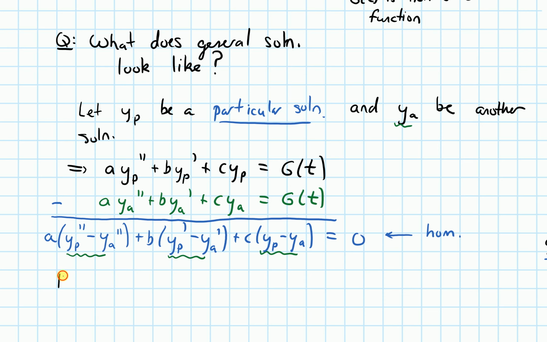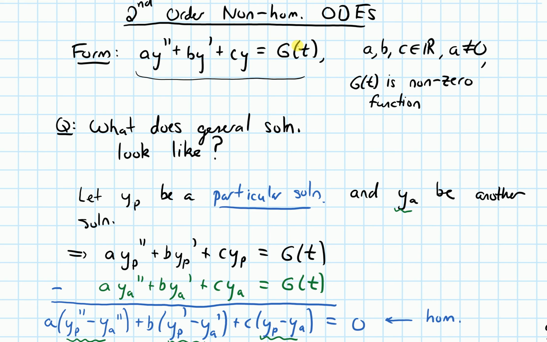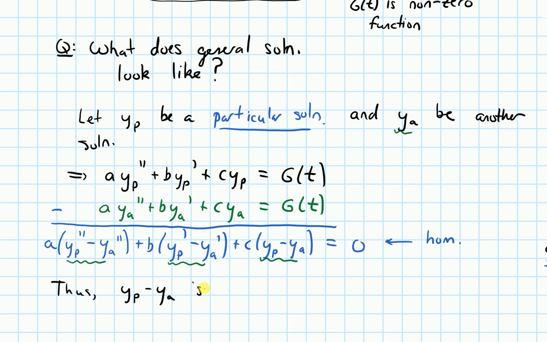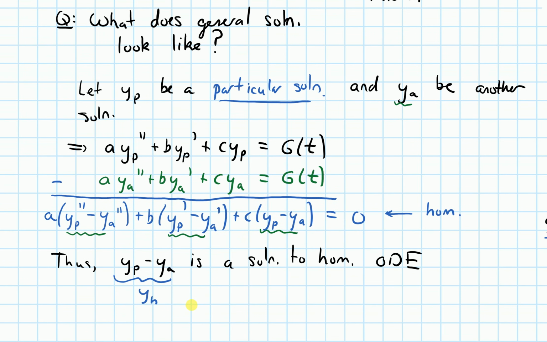So thus, this means that the function yp minus ya, this is sort of what got plugged in here, but where the right-hand side is 0, that function is a solution to the homogeneous ODE. All right, so let's call this thing y sub h, to represent the fact that it is a solution to the homogeneous ODE.